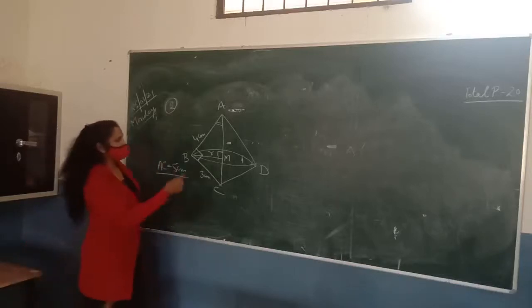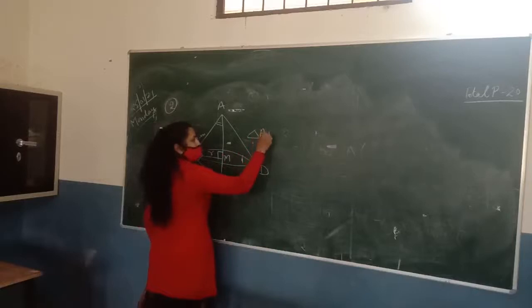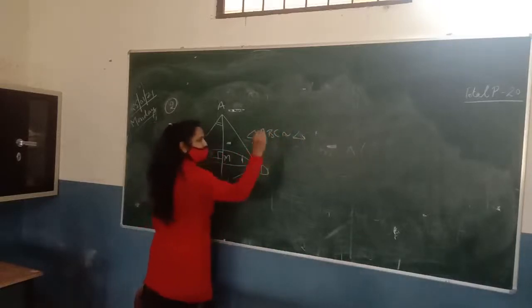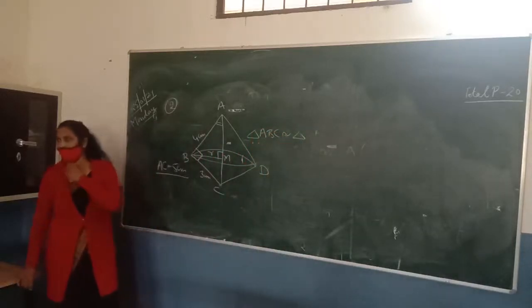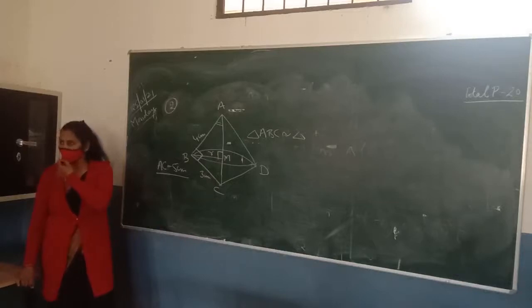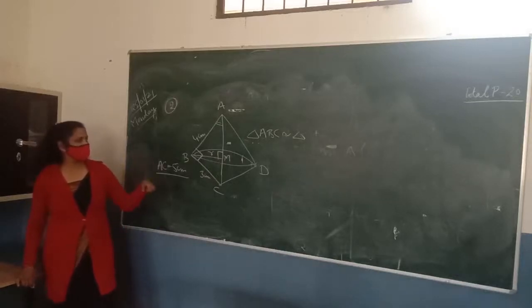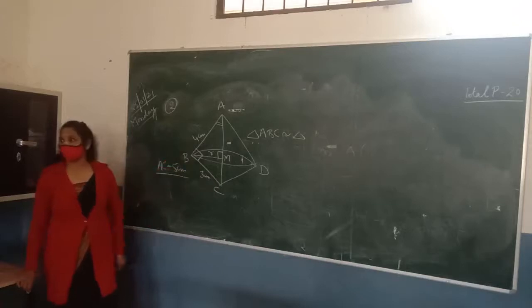You have to tell me the sequence of the similarity. Triangle ABC is similar to triangle? Correct sequence, which is very important in similarity. ABC, the correct sequence of triangle ABM for similarity. Good.